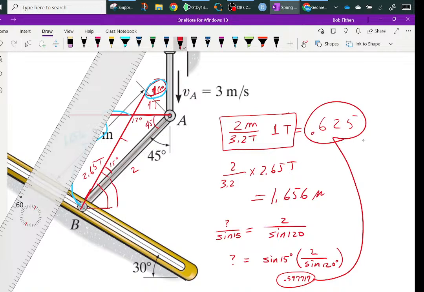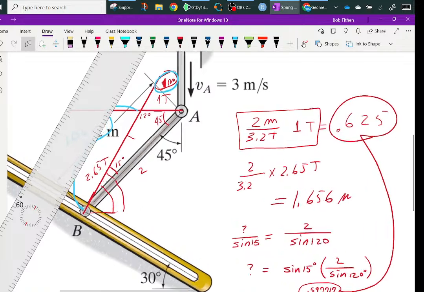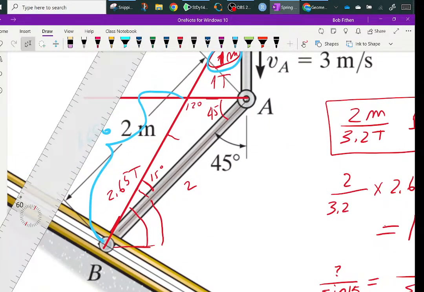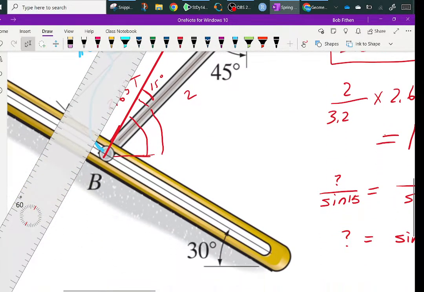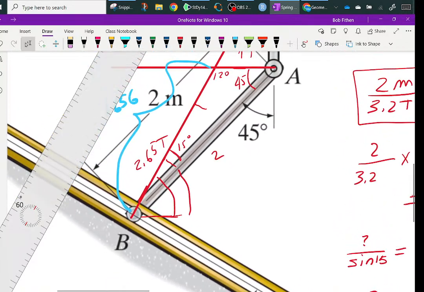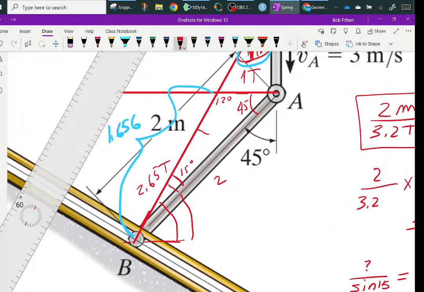So, did I mess up the angles anywhere? So if that's 30 degrees, okay, so hang on. If this is 30 degrees, and this is 30 degrees, and these are 90 degrees, so this has got to be 60 degrees, which is what this little ruler says.